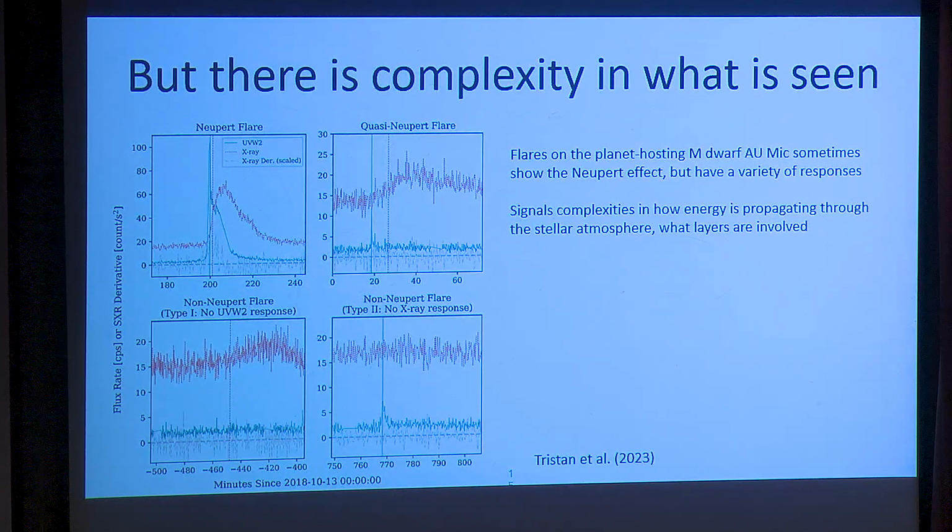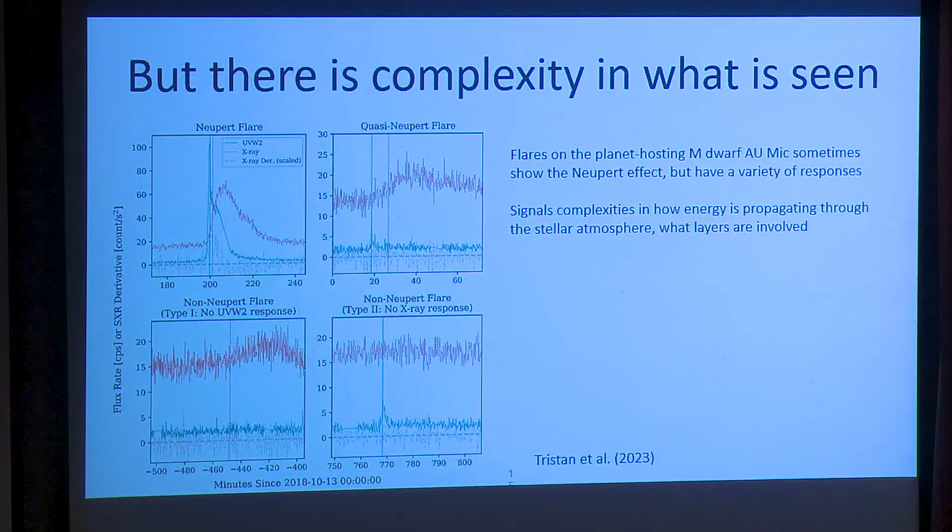I don't want to spend a huge amount of time on this, but stars don't read ApJ. They don't necessarily know what they're supposed to do. And we're finding evidence that there's a variety of different kinds of multi-wavelength correlations.